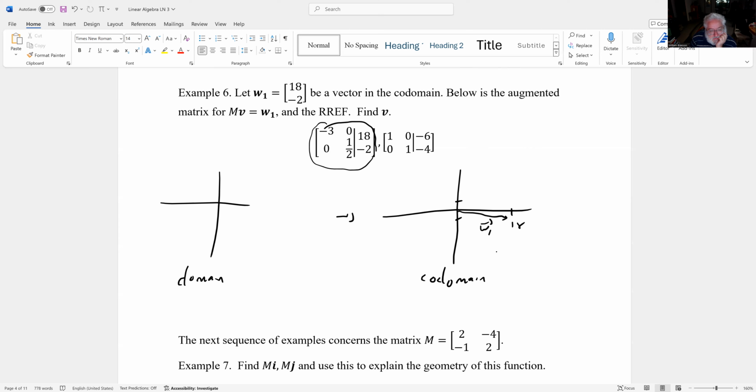Well, here, right, this is the vector m times j, minus 3, 0. This is the vector m times j. This is mi. Right, and so what does this mean? Well, this is i, this is j, and this vector is minus 6 times this one plus minus 4 times this one.